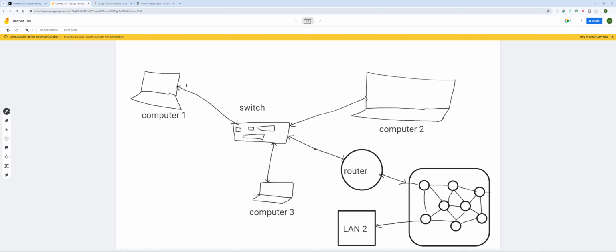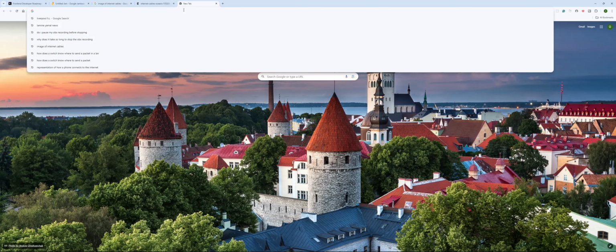A switch has ports. It is like a box. Let's see if we can find it. Yeah, this is the switch I'm talking about. You can see that it has a lot of ports.